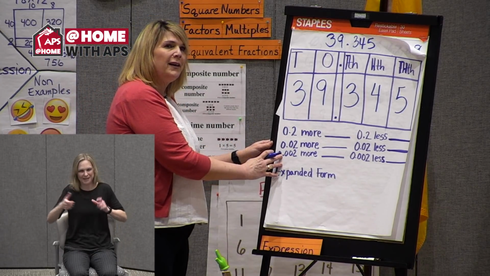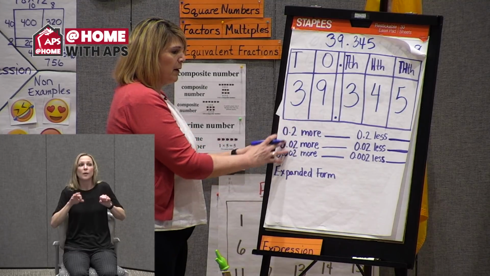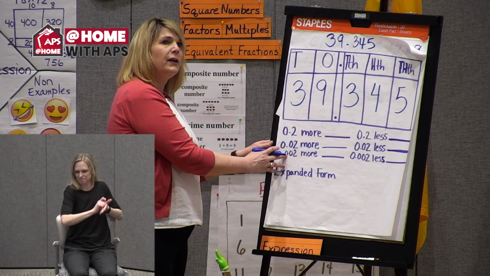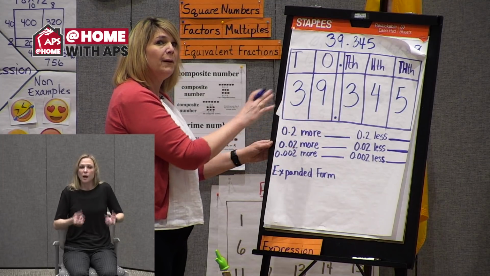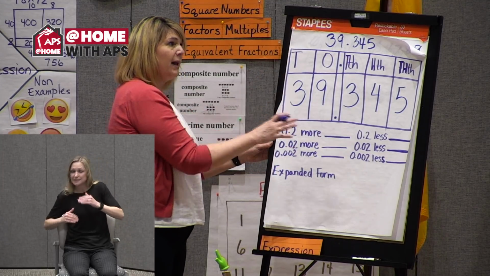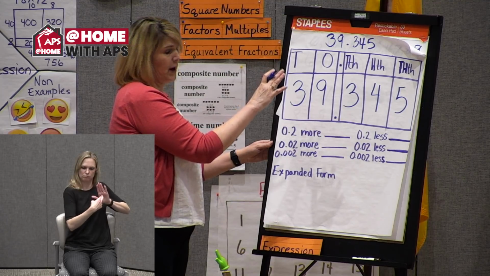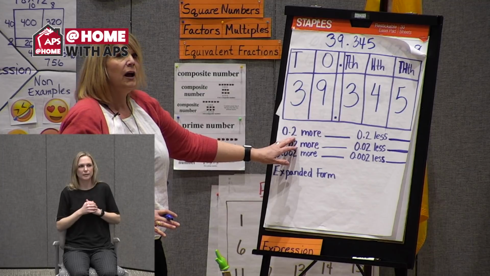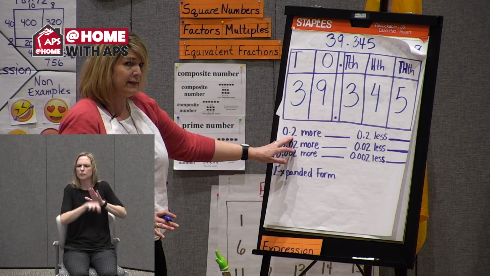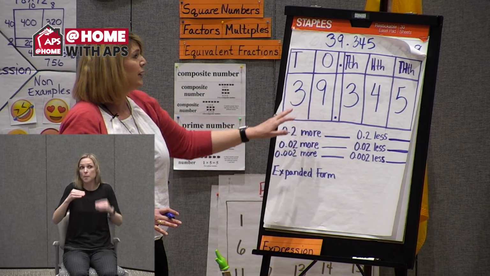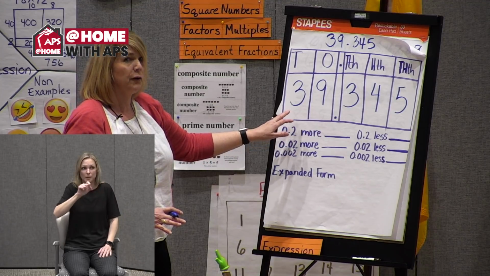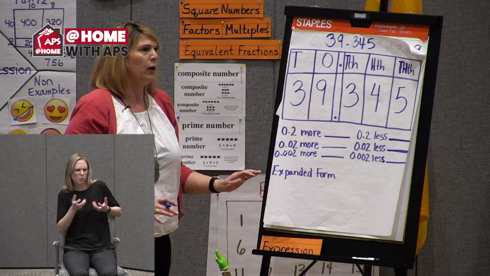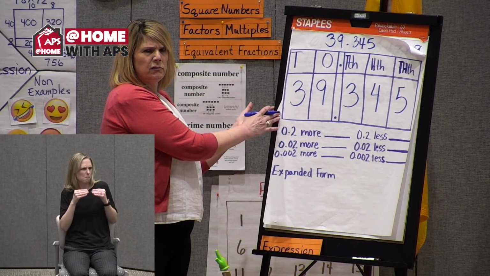Now if you could go ahead and add some of these terms down here on the bottom of your paper. We're going to be looking at how much more or how much less we can make and represent this number in a different way. All right, so we are looking to see if we can find a number that is 2/10 more than 39 and 345 thousandths. So if I'm looking for 2/10 more, would I need to go to my ones?